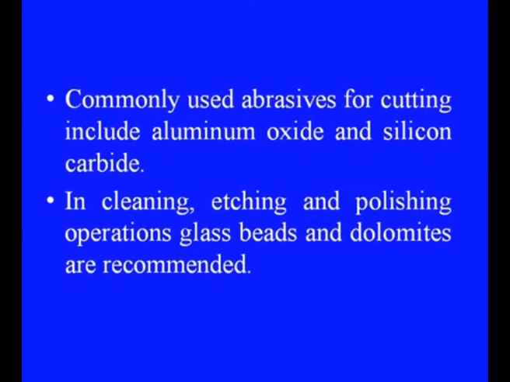Commonly used abrasives in this process include aluminum oxide, which is a very popular one, and then silicon carbide. Both these abrasives are very popular in almost all abrasive based processes.